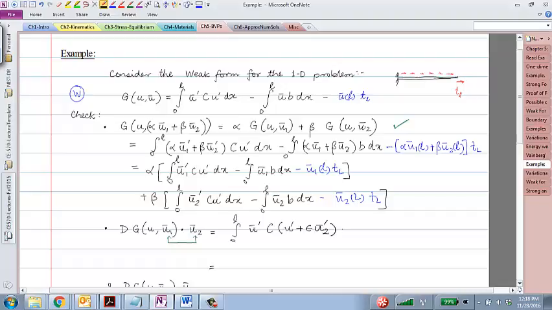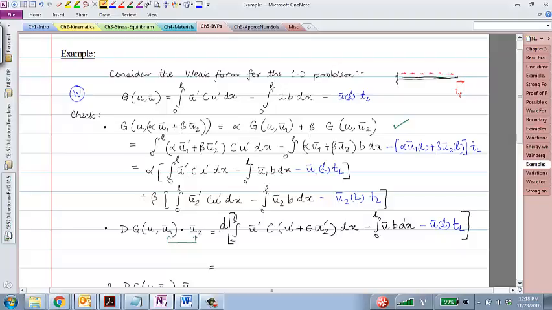and dx, minus integral u bar b dx, and the boundary term, that would be minus u bar L TL. Put all of that in a square bracket.